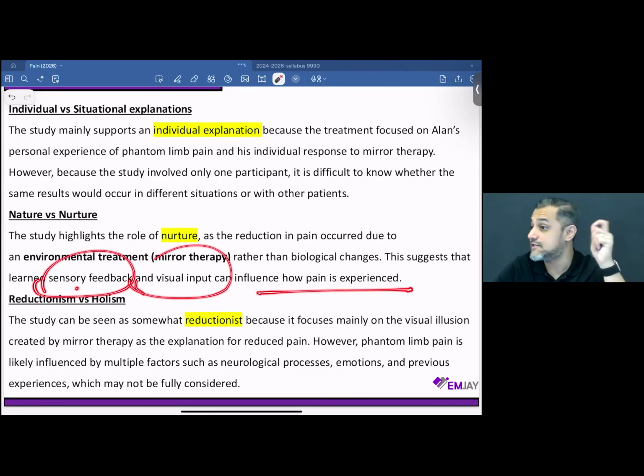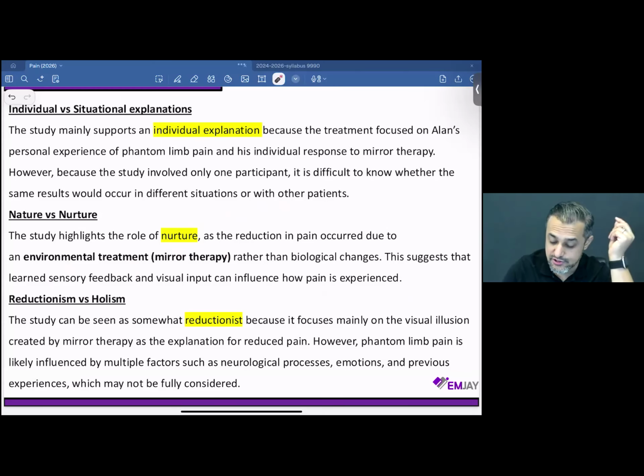Now, learned sensory feedback: this gentleman, Alan, as we name him, was made to try this mirror treatment and it actually worked for him, which again taught him. And now he knows that the next time he's experiencing phantom limb pain or phantom sensations, he could actually use this technique, this mirror treatment, which would help him feel better. And that is, of course, leaning more towards the nurture side of the debate.